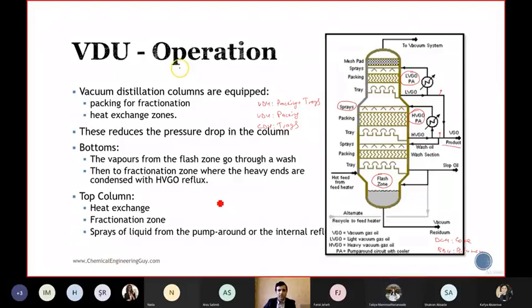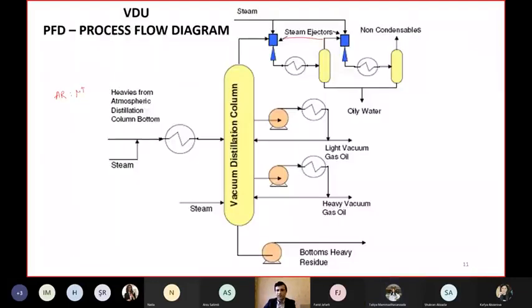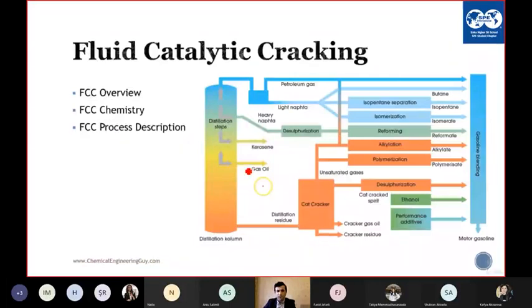Now I will continue with the fluid catalytic cracking. From the distillation column, we have the VGO here.